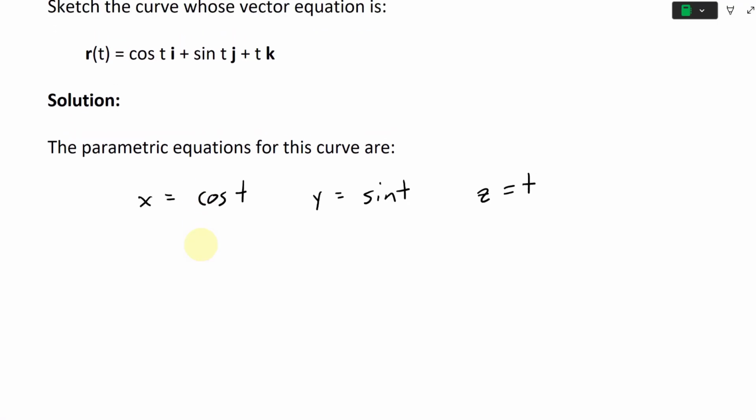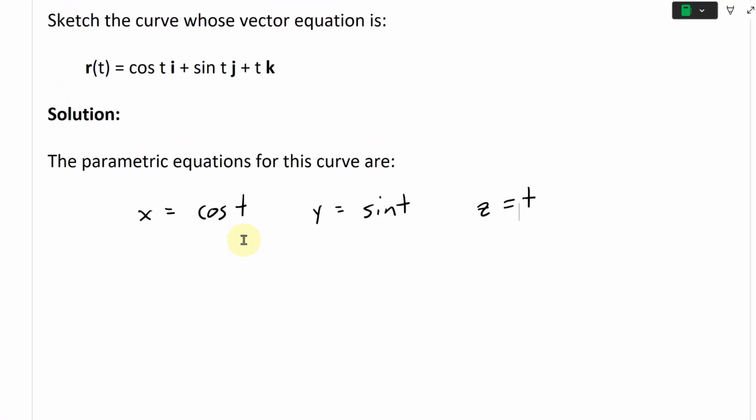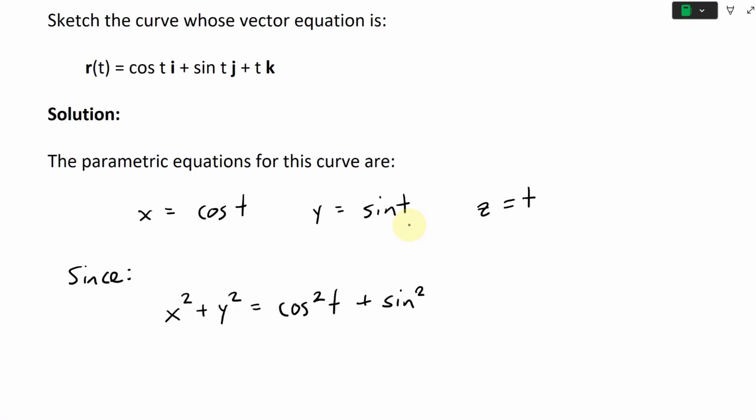One thing to notice is that since x and y are just cosine and sine, x squared plus y squared equals cosine squared t plus sine squared t, which is the Pythagorean identity, and this just equals 1.